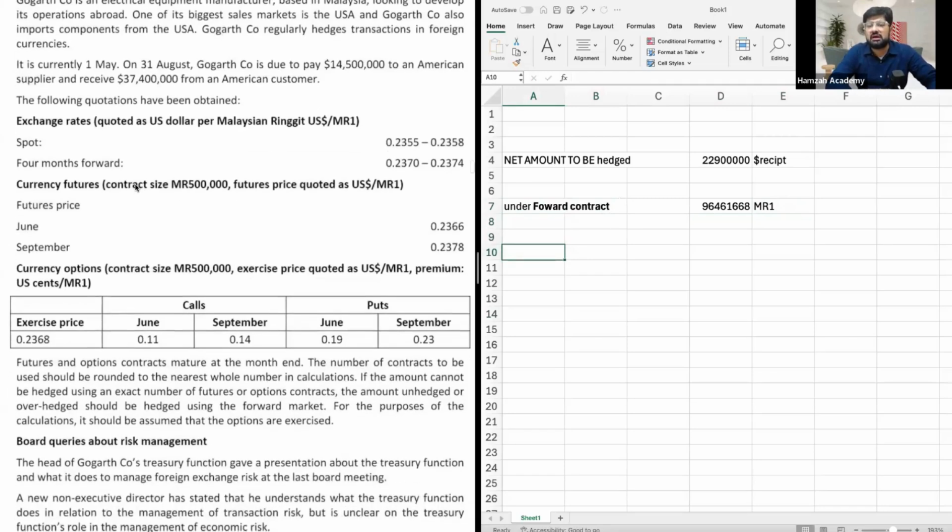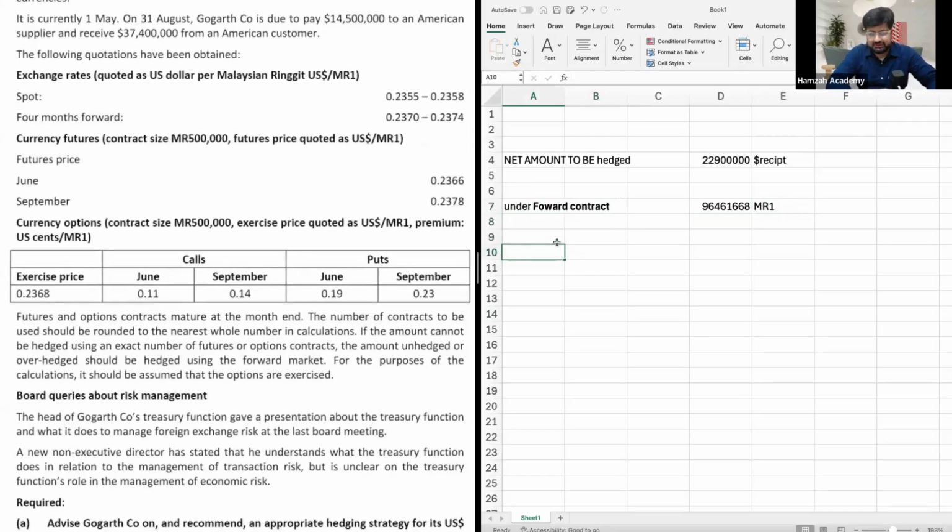Second is currency futures. So we know that the amount to be hedged is here. Which futures? They need to buy or sell. You will be telling me the answer. Be quick.